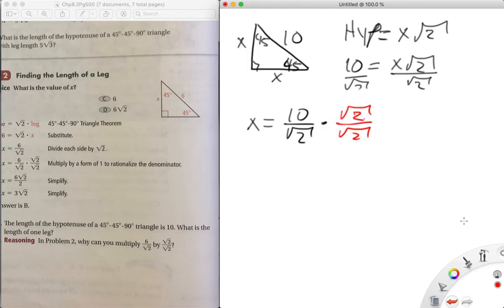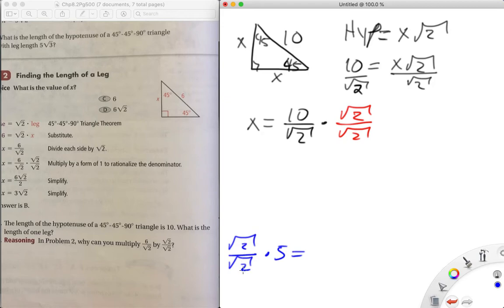Why can I multiply top and bottom by square root 2 over square root 2? Well, if we look at square root 2 over square root of 2, let's say I'm doing that times 5.